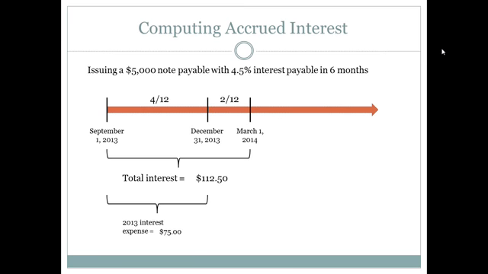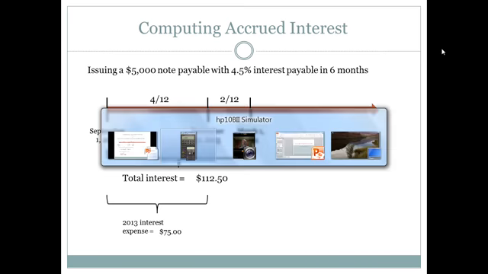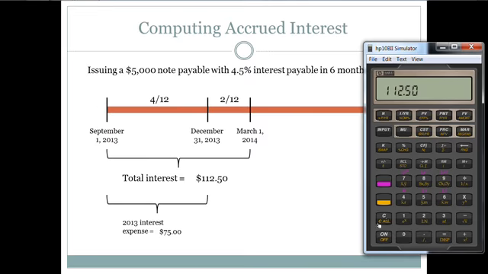And so the question is, how much of that $112.50 needs to be recognized in 2013? And so we can bring up the calculator again, and we'll just run through the calculations, except now we're trying to split up the $112.50 into two components.